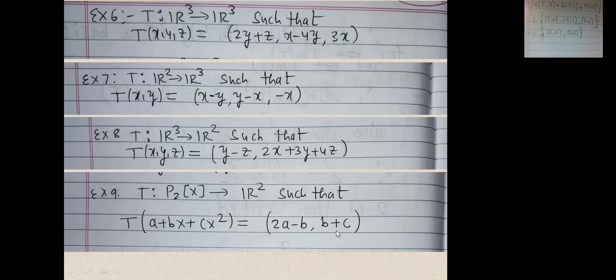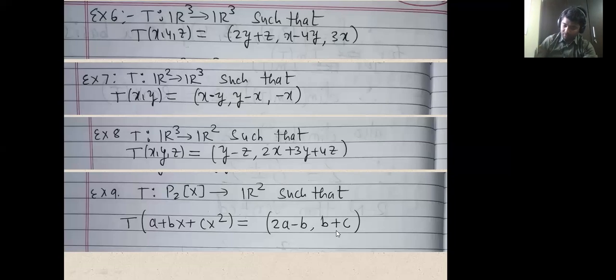Okay, now we have to prove that this set is linearly independent. Again, it will be homework to prove that these two vectors are linearly independent. And after proving they are linearly independent you will get the dimension.